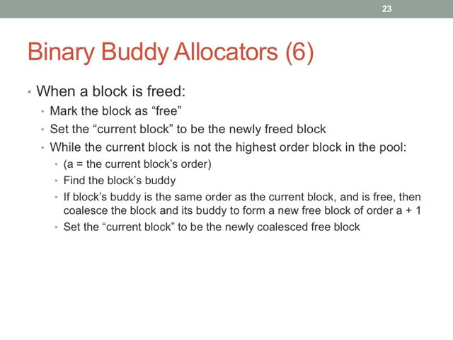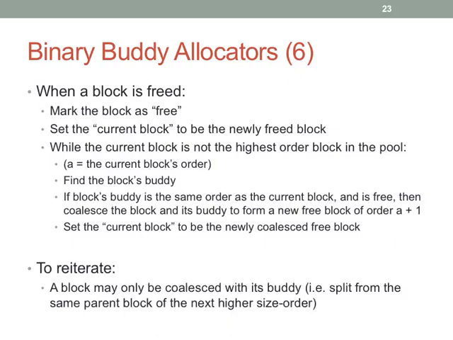If both of these things are true, then you can coalesce the current block and its buddy back into a new free block that's the next highest size order. And then you can repeat that process until the allocator has reclaimed as much memory as possible. So blocks may only be coalesced with their buddies.